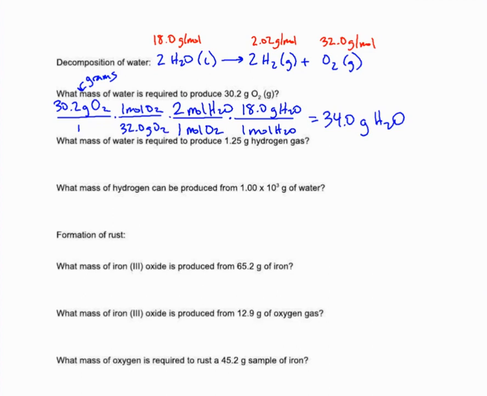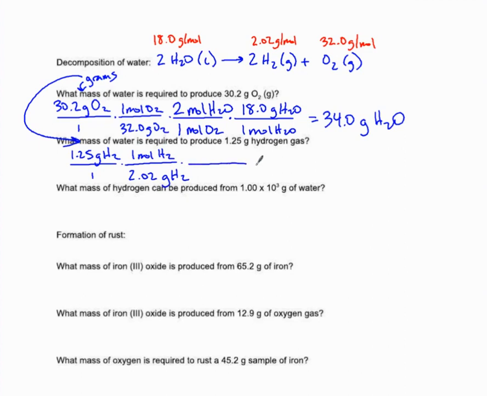Next one, what mass of water, again, grams. What mass of water is required to produce 1.25 grams of hydrogen gas? So we start with our given value, use the molar mass to change it to moles.